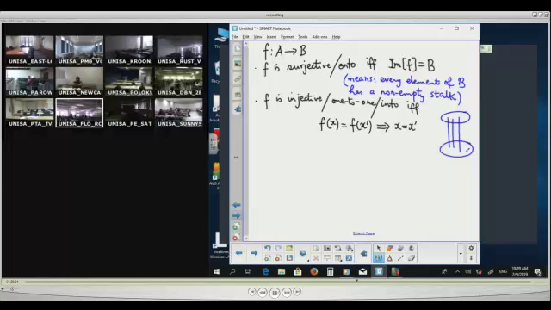Okay? So it's saying that every image has a unique pre-image.